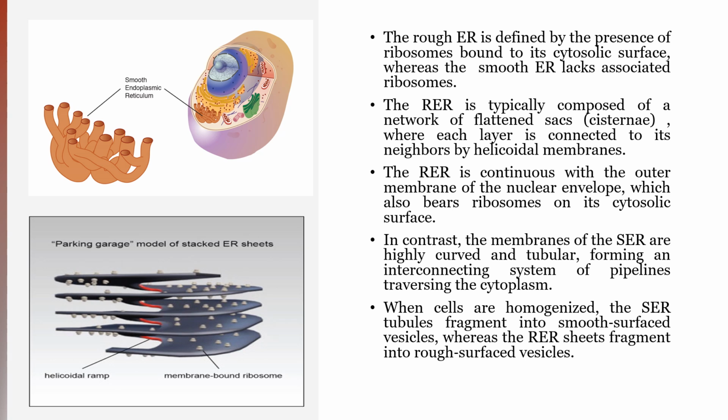These sacs are connected to each other by a membrane called the helicoidal membrane, also known as the helicoidal wrap, which we can see in the second diagram. And as I said in the previous slide, the smooth endoplasmic reticulum is highly curved. It forms an interconnected network of tubules, like pipelines, and you can see that diagram on the slide.